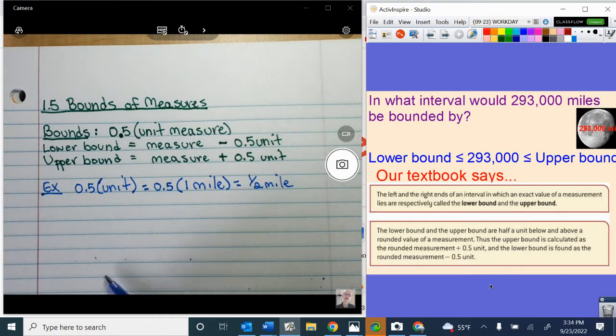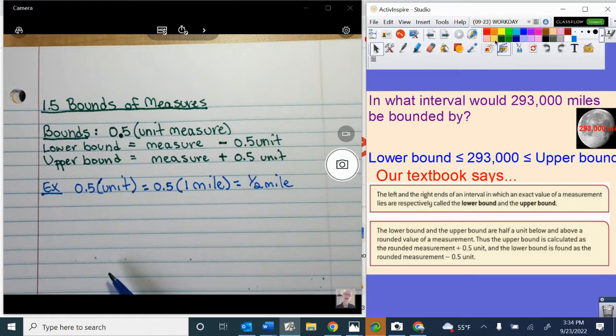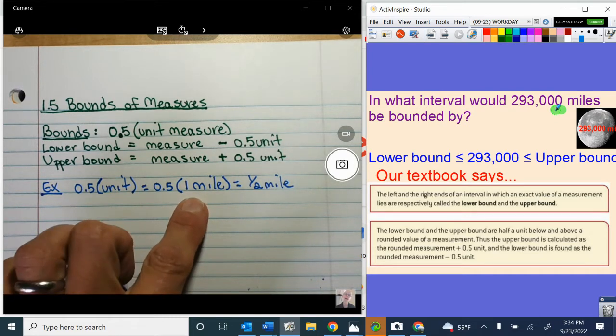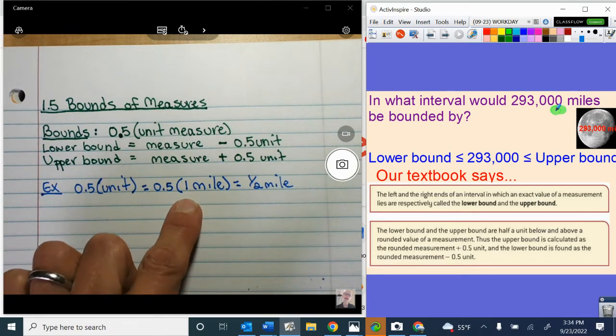Because 293,000 is rounded to the nearest mile. That 0 tells us that that is the final number, the lowest unit, and that is in the ones place. And so we take that ones place, which is 1 mile, and find half of it.